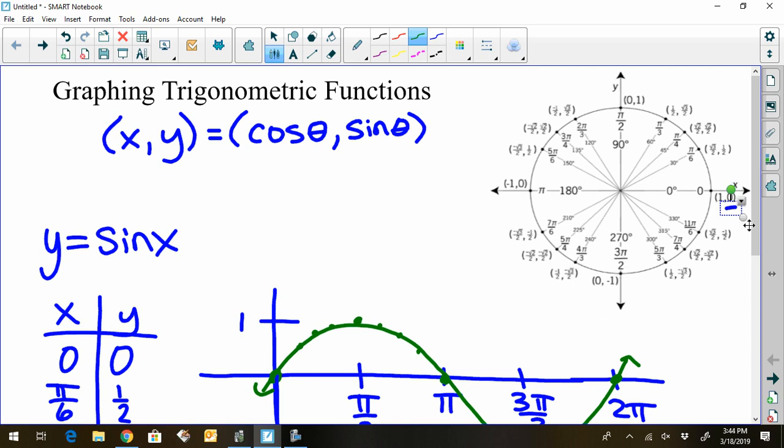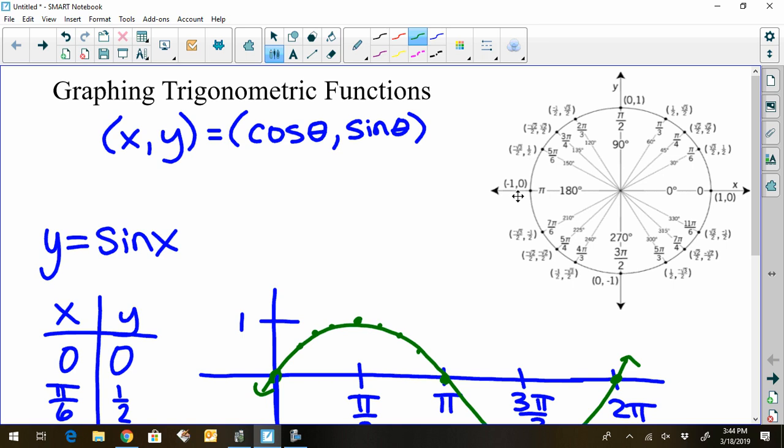So if we start at 0, then we went pi over 2, pi, 3 pi over 2, 2 pi, and if we kept going, notice how we'd be at 5 pi over 2, but sine of 5 pi over 2 would still be 1.